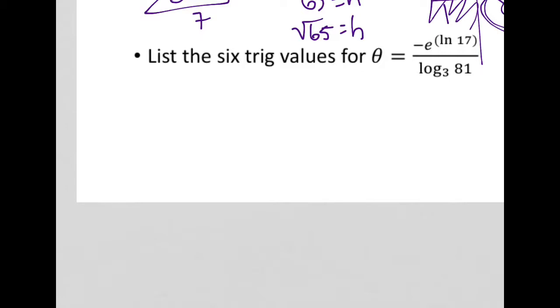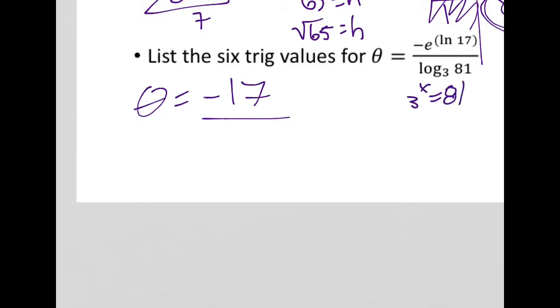We know that e to the power of ln of something will simplify to whatever that something is, because e to the x and ln of x are inverses. So that numerator just simplifies down to negative 17, and the denominator simplifies down to log base 3 of 81. 3 to what power is 81?